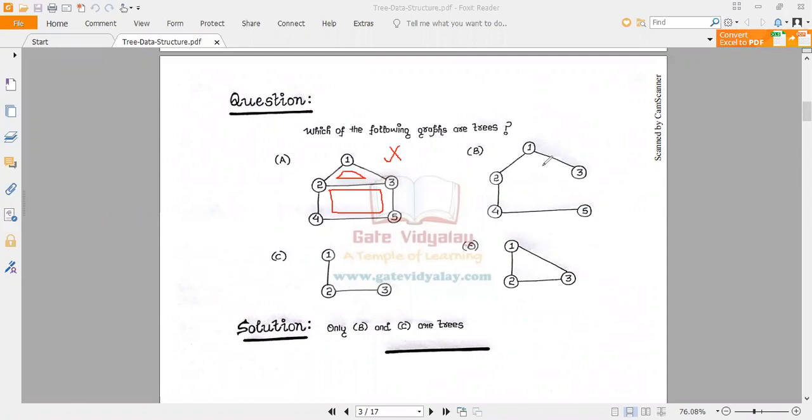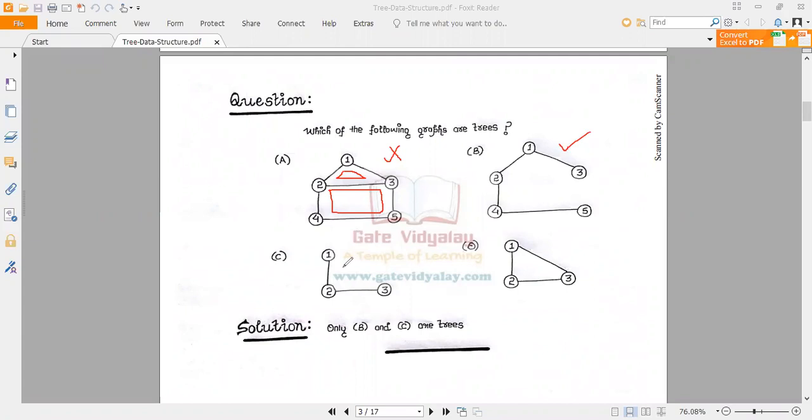In figure 2, we can check there is no connection between 3 and 5. That means we have to follow the path from 3, 1 to 4, 5 to reach 5, or we can follow the reverse path, but there is only one path. So it is a tree.